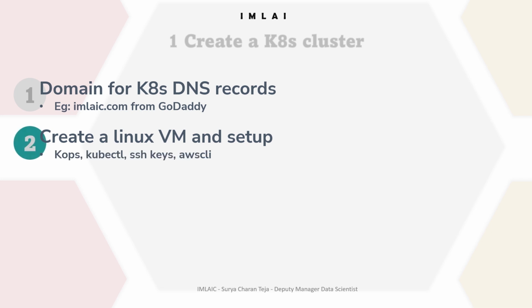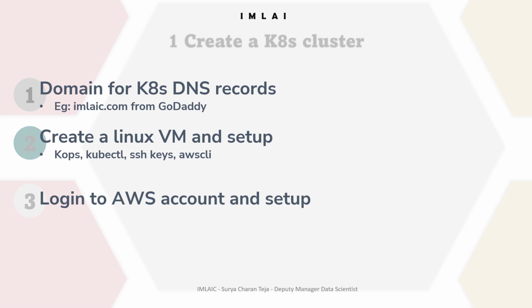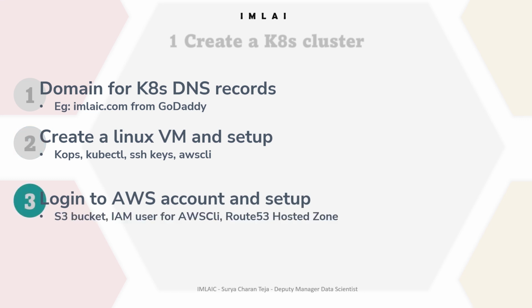Here I'm going to use an EC2 instance, and inside that EC2 instance we have to install kops, kubectl, SSH keys, and AWS CLI. Then we have to log into that AWS account, and we have to set up an S3 bucket, an IAM user for AWS CLI, and a Route 53 hosted zone. The S3 bucket is to store the state of the objects.